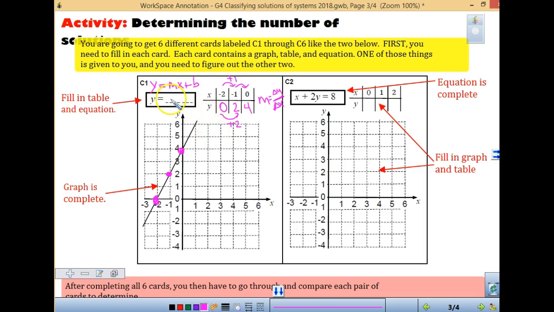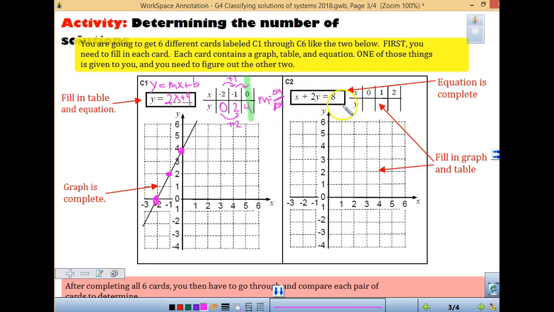Our m is what number? 2. So we're going to have y equals 2x plus our y-intercept. Looking at the point 0, 4, our y-intercept is going to be 4. So you filled in all the card based on just the graph.